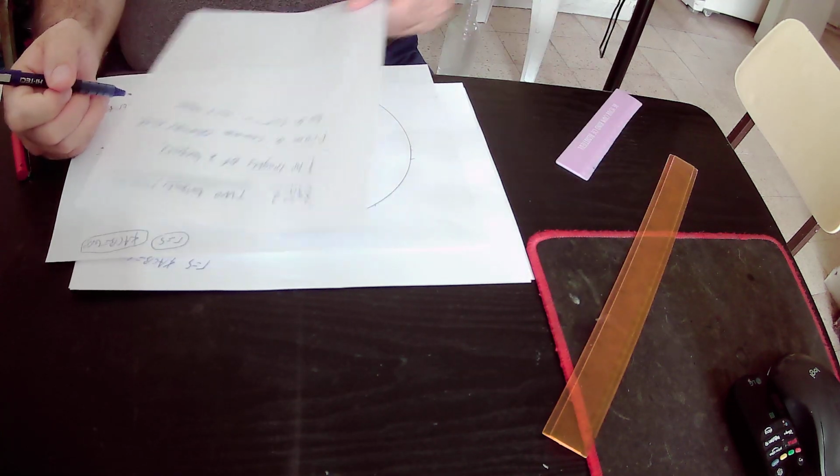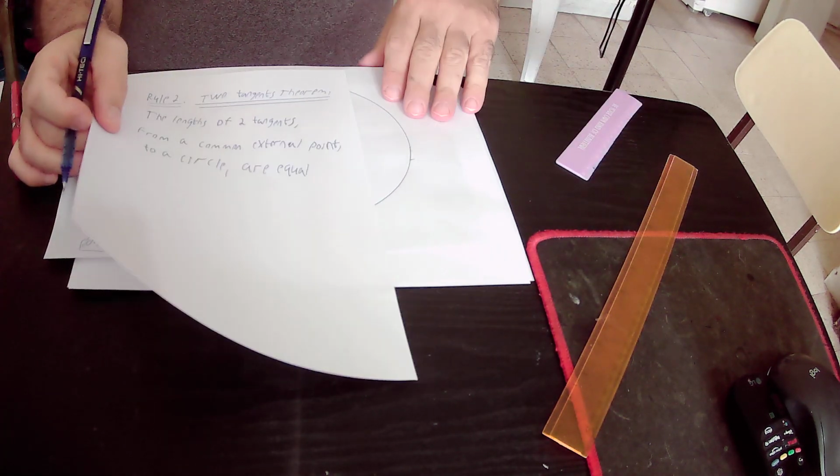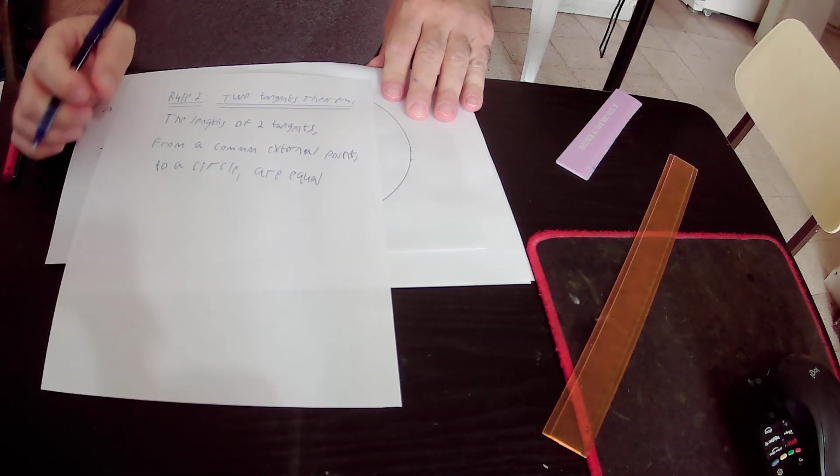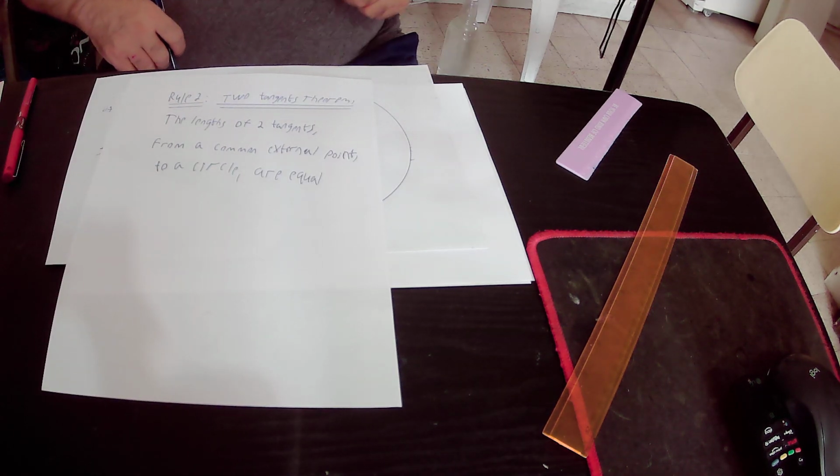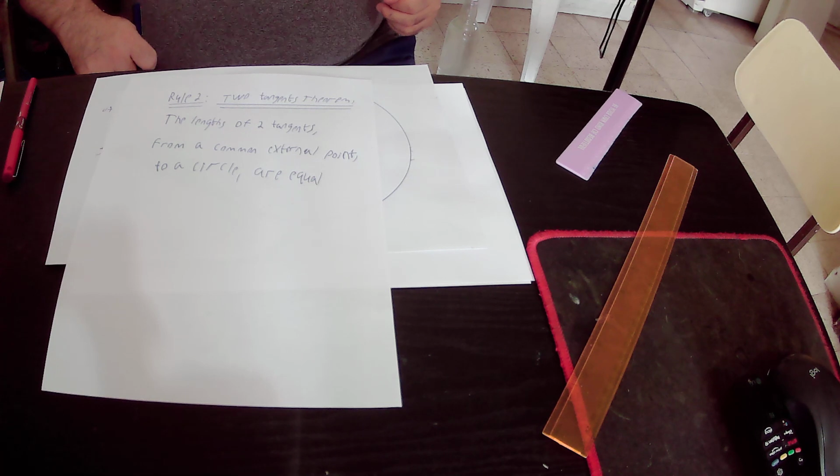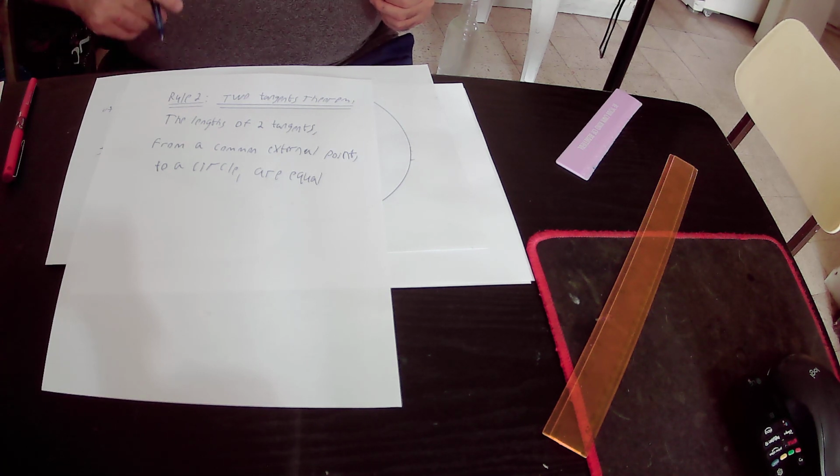So I will read again rule number 2. Rule number 2, that is actually the two tangents theorem. The two tangents theorem states that the lengths of two tangents from a common external point to a circle are equal.